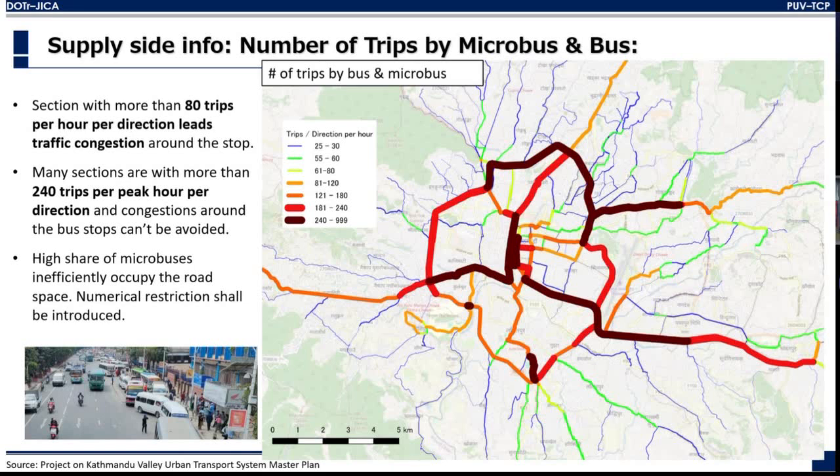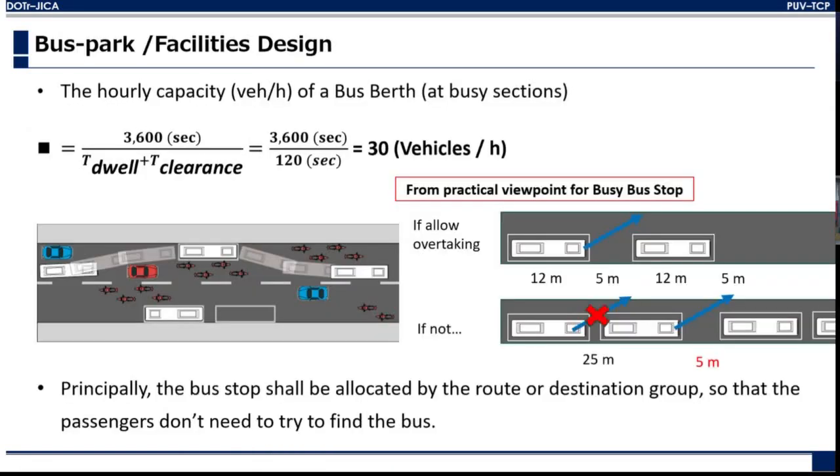If these vehicles can be converted to larger buses, the number of public transport vehicles can be reduced drastically. So the situation is a little bit similar to your city also. Promoting the replacement with larger, clean energy buses is also argued in this city.